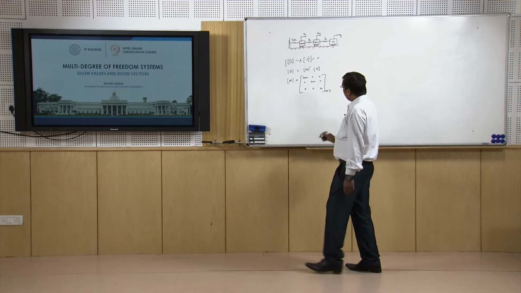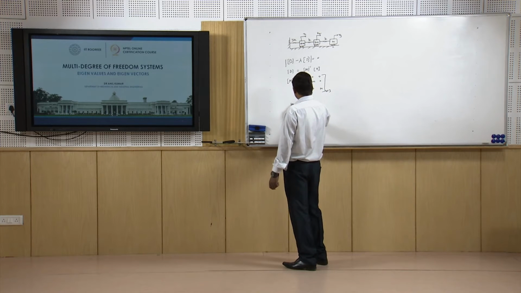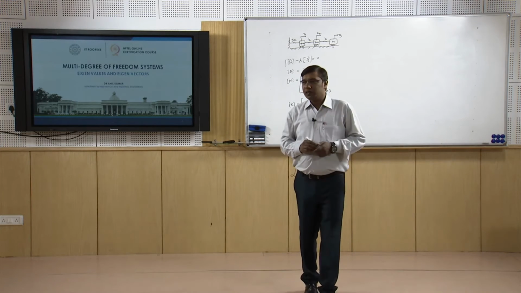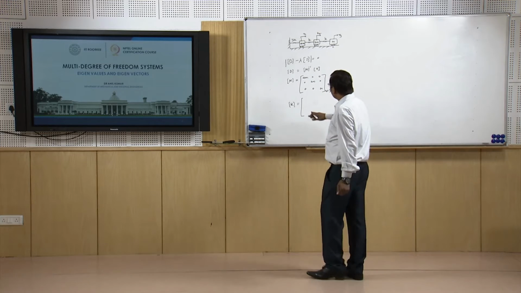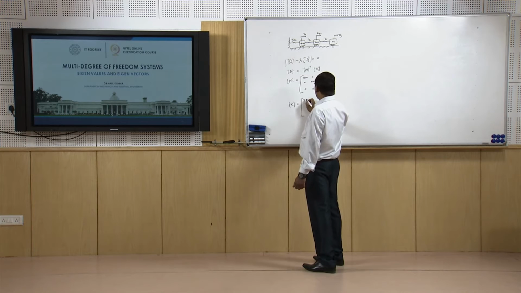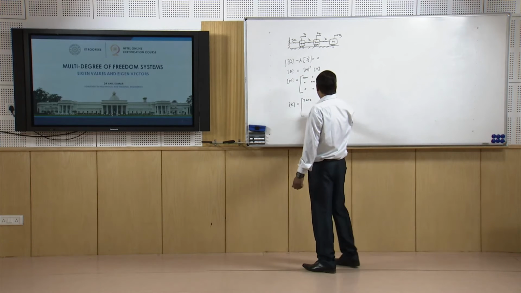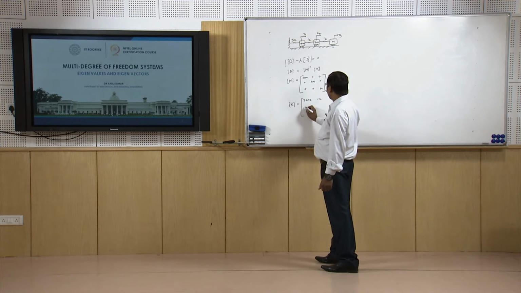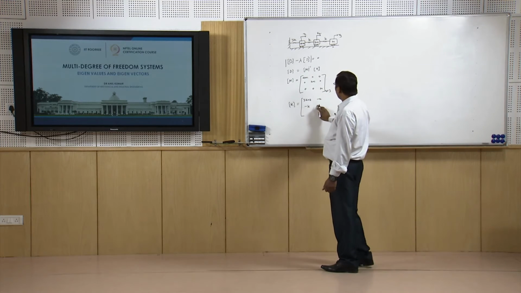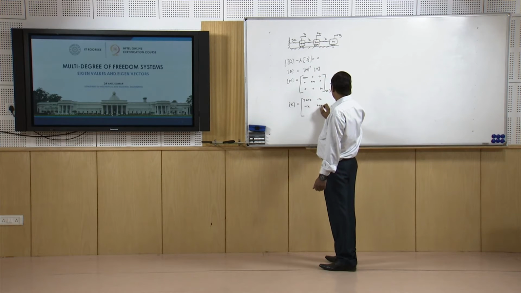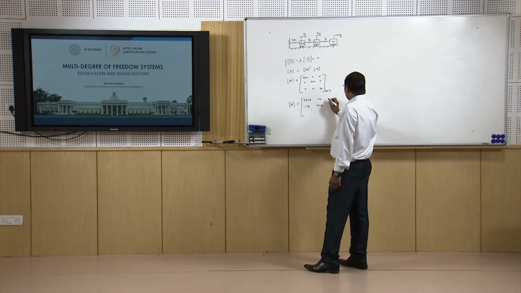Now we have to know the stiffness matrix K. If we remember, the K matrix that we collected had as its first term K1 plus K2, so 3K plus K, and then minus K2, so minus K. Then here K2 plus K3, so K plus K, and this was 0.